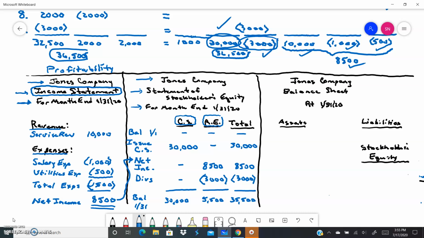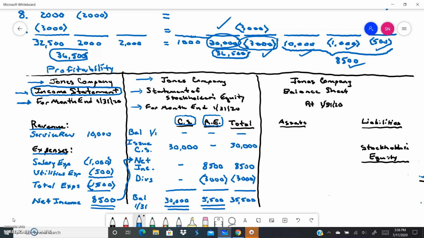Again, taking those amounts off of the worksheet, putting them into statement form, and really just taking any common stock that was issued, taking the net income right off of the income statement, and then subtracting any dividends. And now we have the total balance in our common stock account and the total balance in our retained earnings account. And we're going to use those to place on our balance sheet on the next statement.